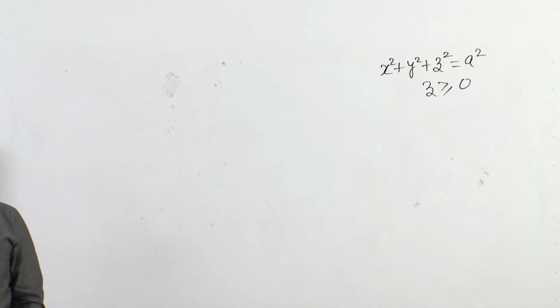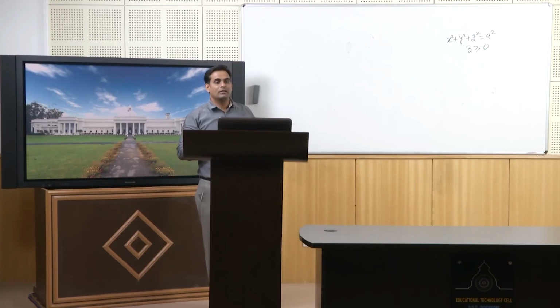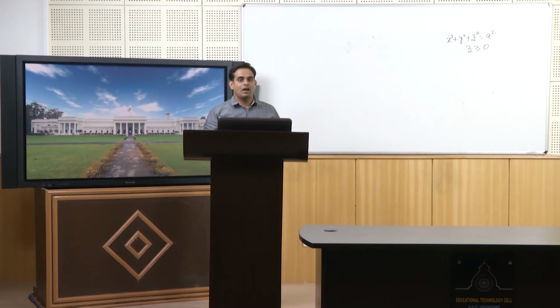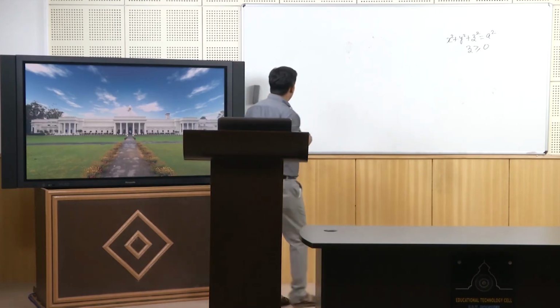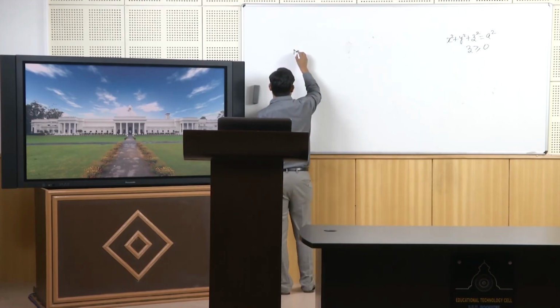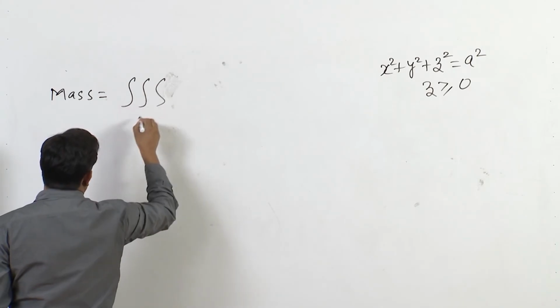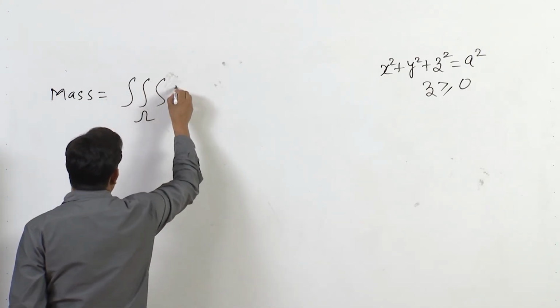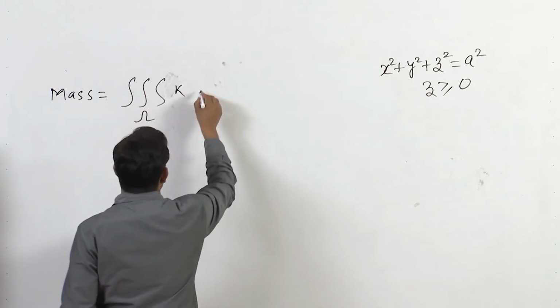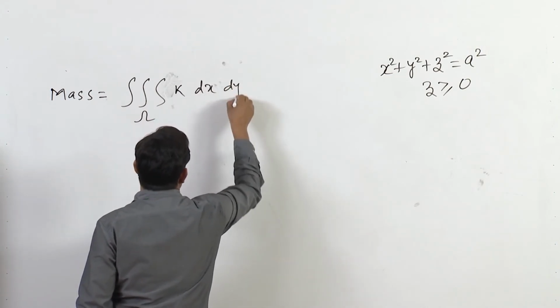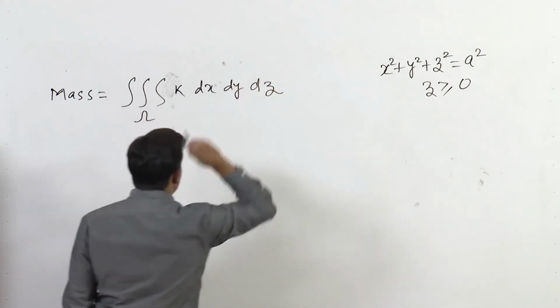Basically, first of all we need to calculate the mass, and then we will calculate the z coordinate of the center of gravity. So, the idea is mass will be, density is constant here, dx dy dz.